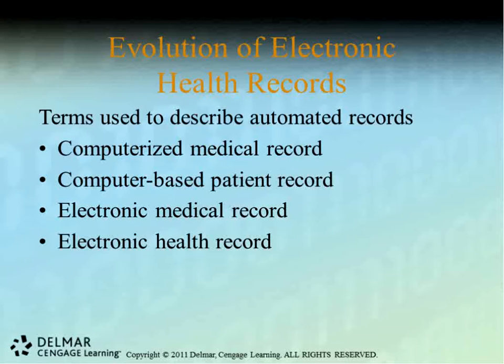Then throughout the 1980s, they envisioned an electronic record system, and so in 1991, the Institute of Medicine coined the term computer-based patient record. That's when that came on the scene. A computer-based patient record, or CPR, gave a broader scope to the functionality of an automated record.